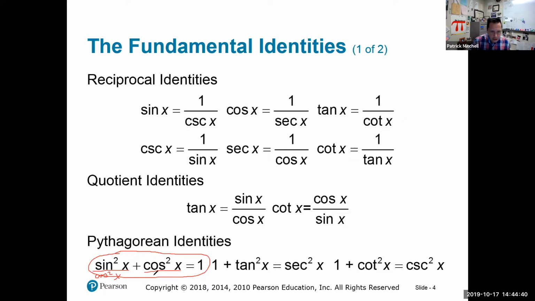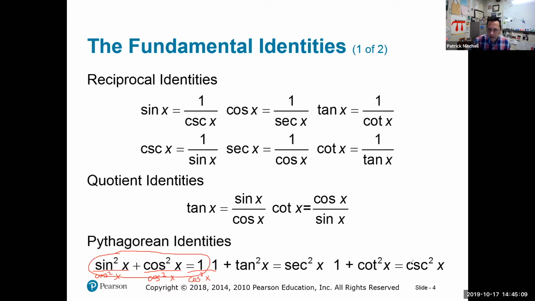So I know that's going to give me a tangent squared, this is going to give me a 1, and this thing over here is going to give me the secant squared. So when I divide everything through by cosine squared x, I end up with tangent squared x plus 1 equals secant squared x, which is exactly what this says.